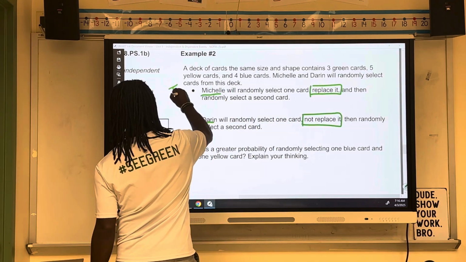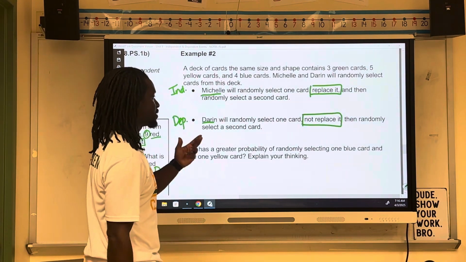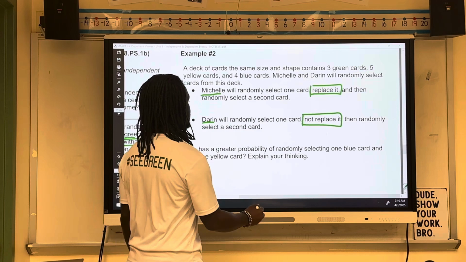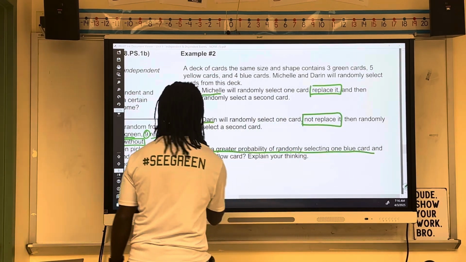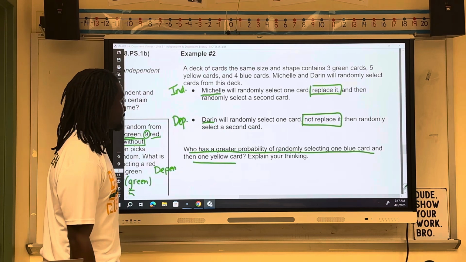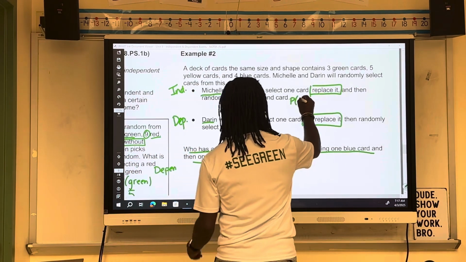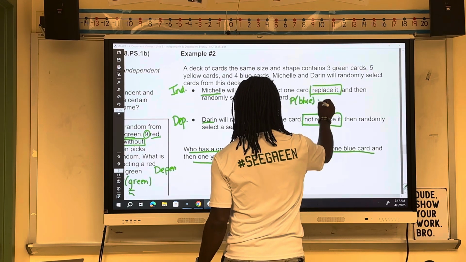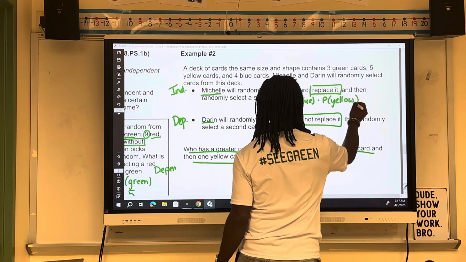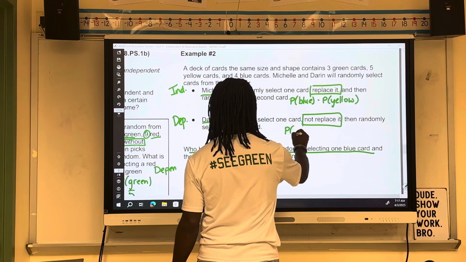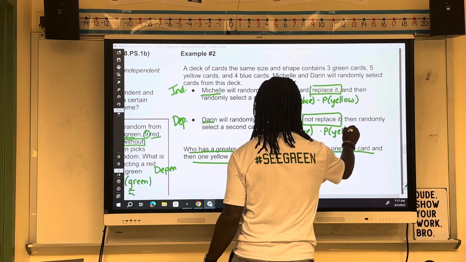So this is independent because we're replacing it. Darren's is dependent because he did not replace it. Who has the greater probability of selecting one blue card and one yellow card, all right? So we're looking for the probability of getting a blue and then the probability of getting a yellow. Same thing for Darren, probability of getting a blue times the probability of getting a yellow.